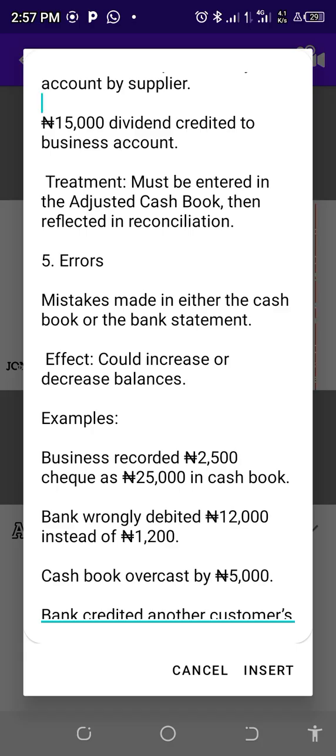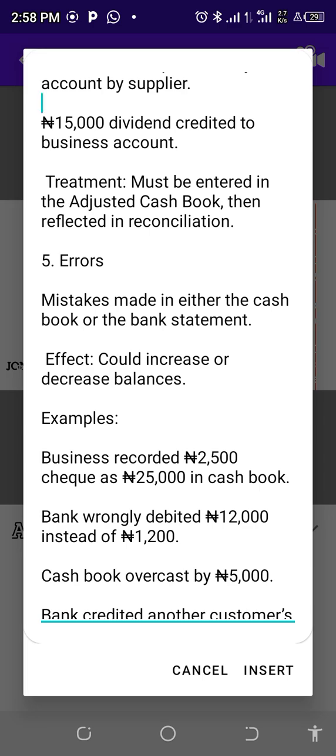Errors may be of two types. There are two types of error in bank reconciliation: the error that is made in the cash book and the error that is made in the bank statement. An error committed in the cash book will be adjusted when adjusting the cash book, while an error made by the bank will be treated under the reconciliation segment.